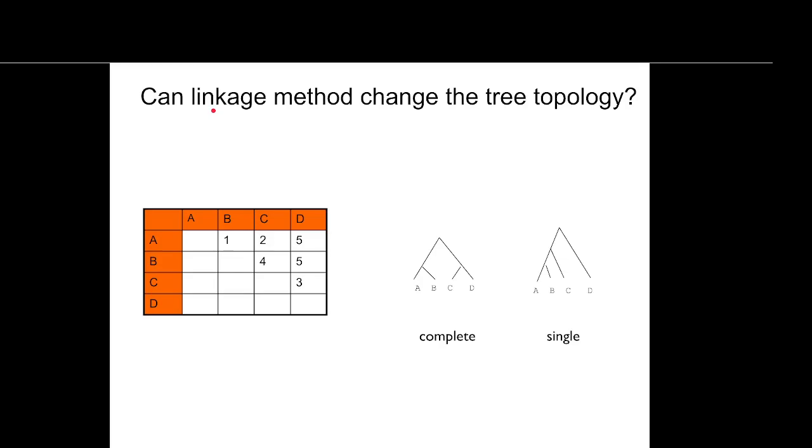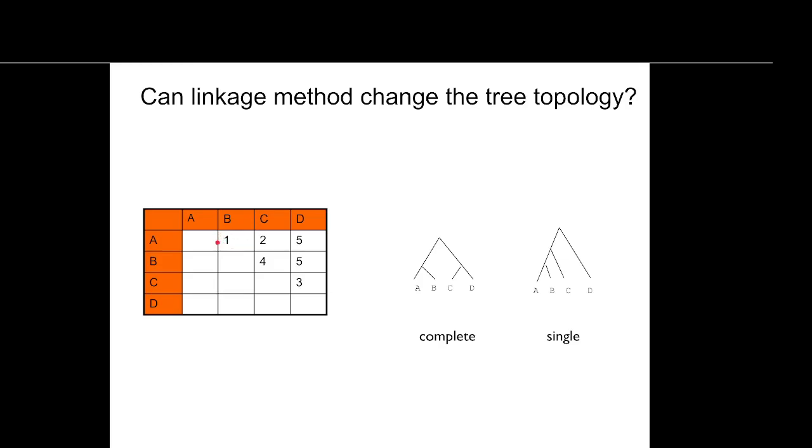So consider this example of A, B, C, and D with these distances given here: 1, 2, 5, 4, 5, 3. If we apply complete linkage, then we get this balanced tree where A, B get grouped, C, D get grouped, and then both get merged. But if we apply single linkage, then some kind of chaining is taking place. Then A and B get merged at a distance of 1.